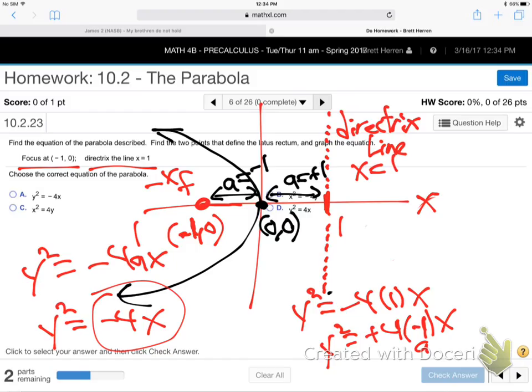I wouldn't stress myself out about it. That's the kind of stuff that can really get you messed up. Just think, if the thing's going to the left, then this is going to end up being negative over a. Whether you put a negative on the 4 or on the a, it's got to be negative in the end. It's going to the left.